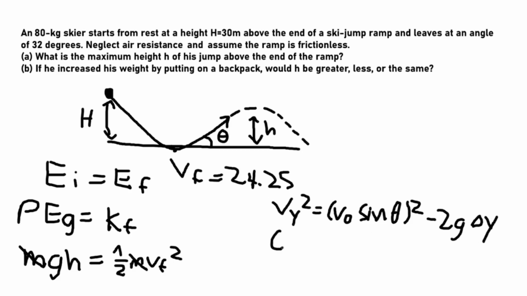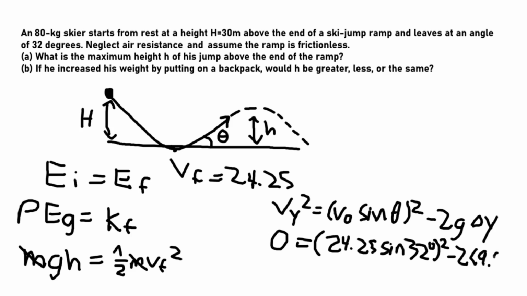Now plug in. At this point the velocity is going to be 0, and the initial over here is going to be our final from before. It's going to be over here, 24.25 sine of our 32 degrees squared, minus 2 times 9.8 change in y.